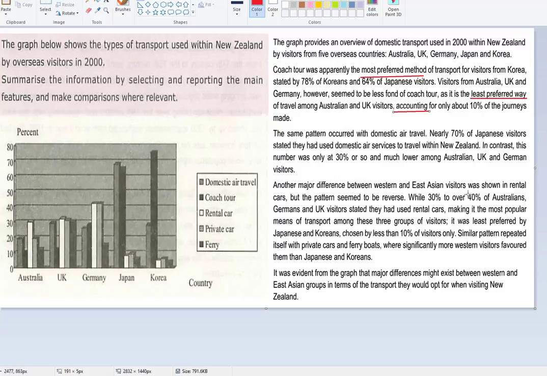No major difference was shown. Okay. Making it. Favored.